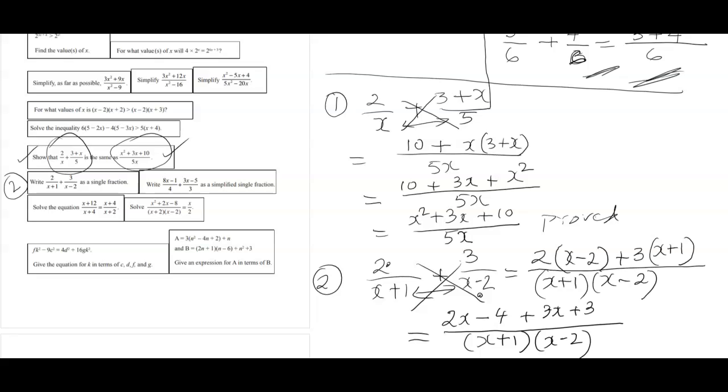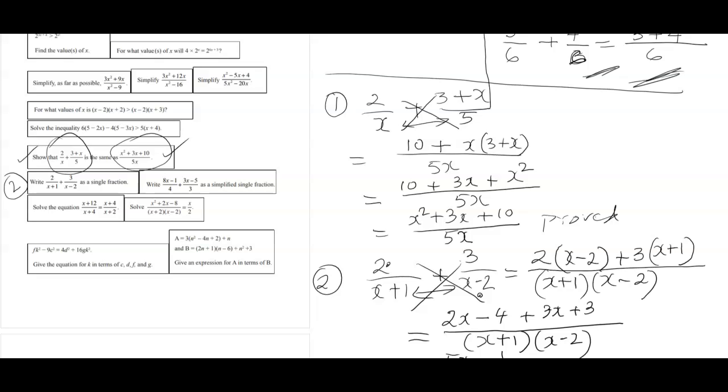That's the denominator. And if I simplify the numerator, 2x plus 3x will give you 5x, and negative 4 and positive 3 will leave you with a negative 1, and the denominator is x plus 1 times x minus 2.